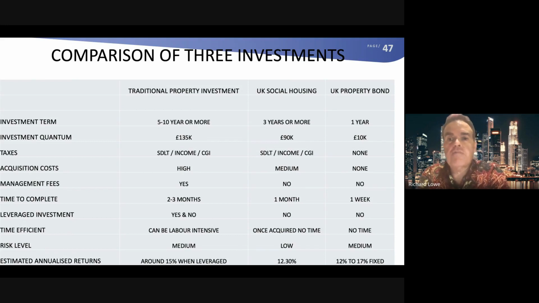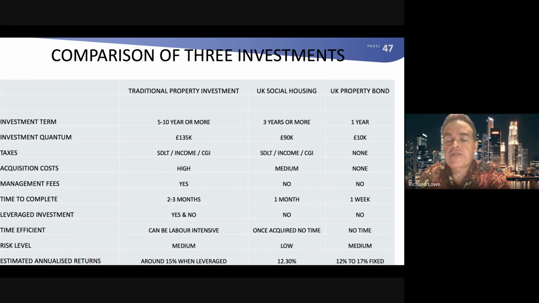So the same taxes apply to the UK social housing. Now, that said, because all of the individual units that the developer provides are less than £250,000, the stamp duty is very nominal. There are other forms of stamp duty for non-residents and for people who are buying an investment property.